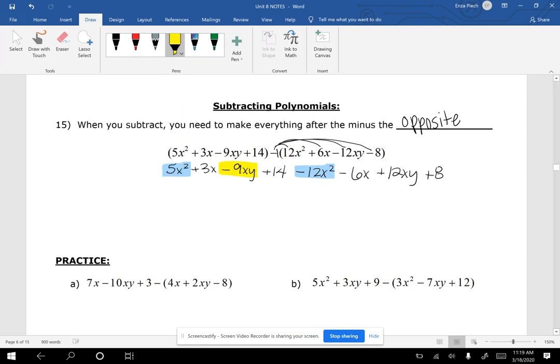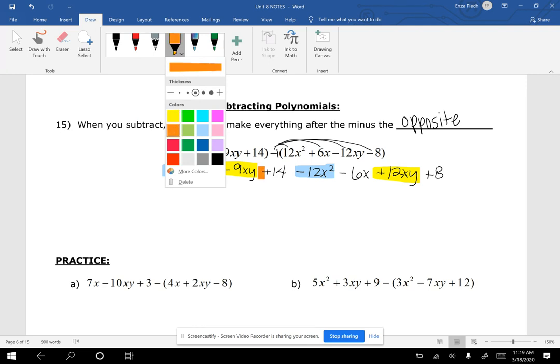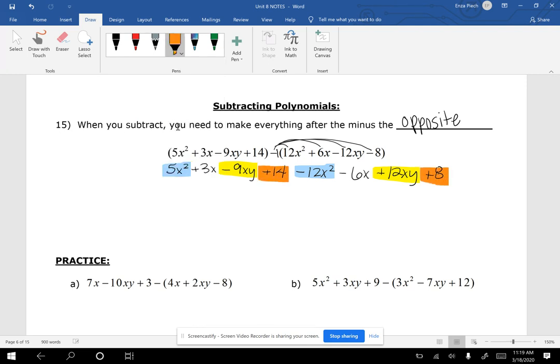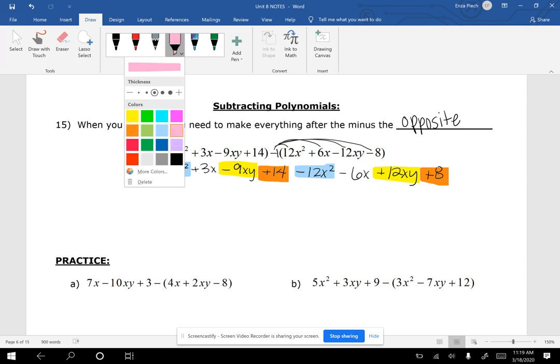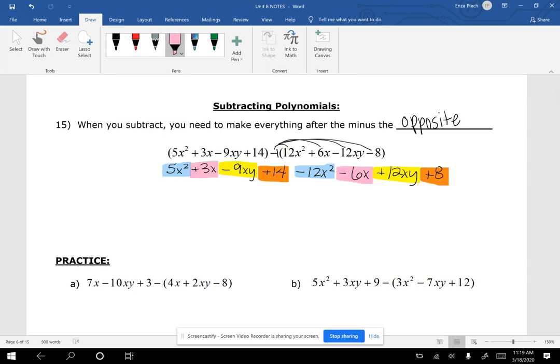Get our xy values. We see some constants here, and we've got one more term that we will need to combine. That's just our x's. So going through, I've got 5x squared minus 12x squared, and I have a -7x squared.